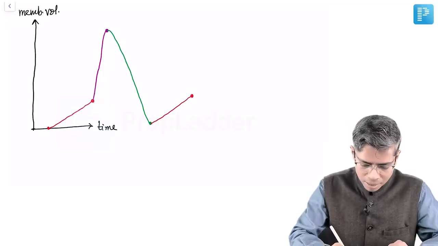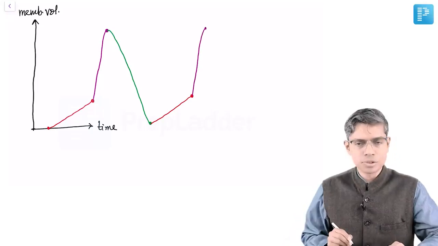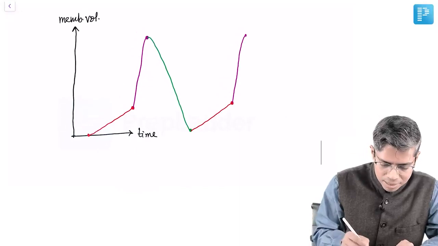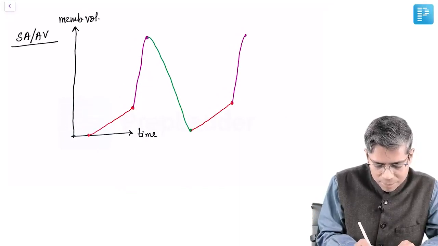So this is how the action potential goes in nodal tissue. Typically this is seen in the SA node, as well as in the AV node, and this is typical of the slow type action potential.